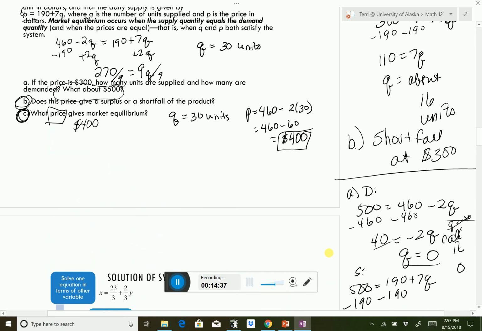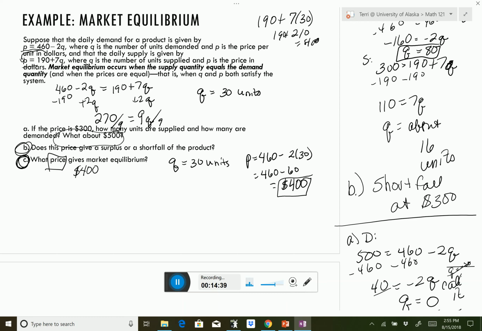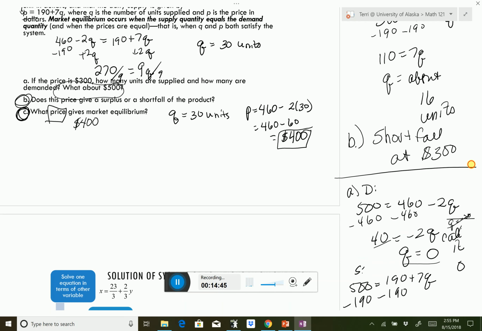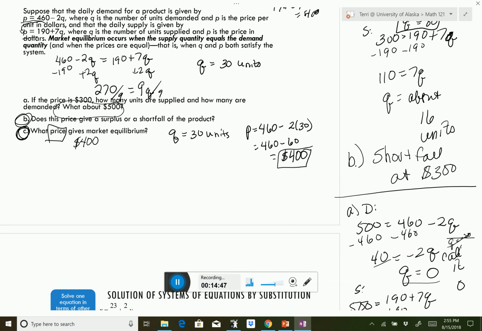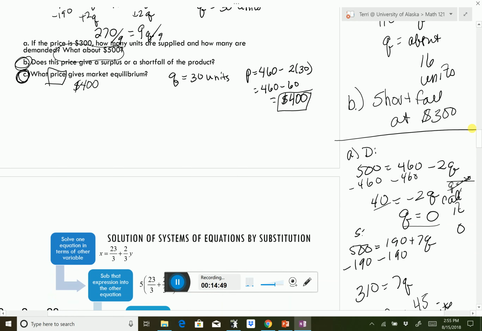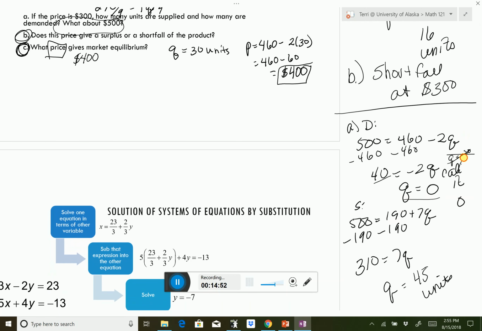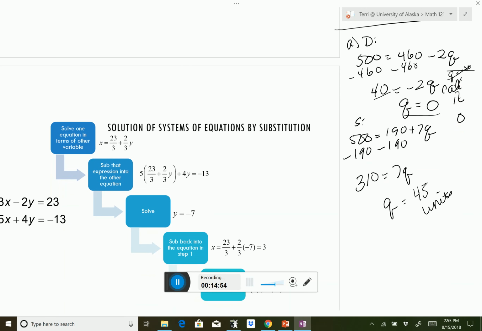Okay. So that's the point actually, $460 is the point at which nobody wants it anymore. And the lowest that the suppliers will go is 190 to produce any at all. So there you go. So this one's about 45 units, and we would definitely have a surplus because no one's going to buy it at $500.